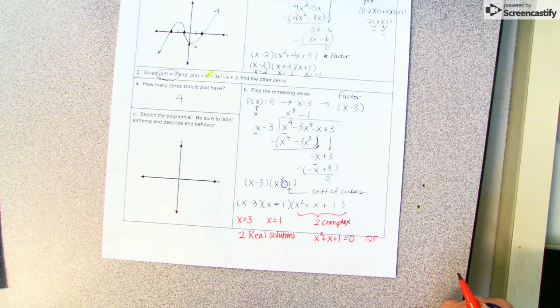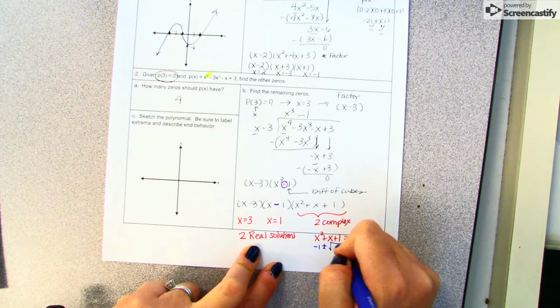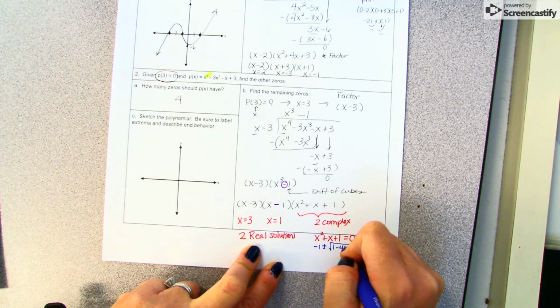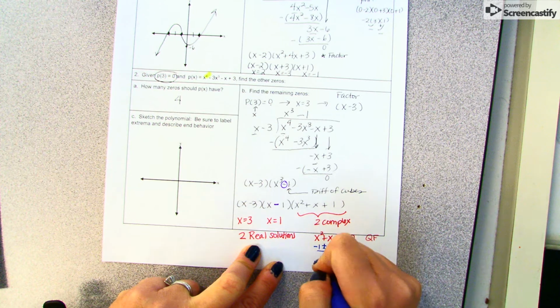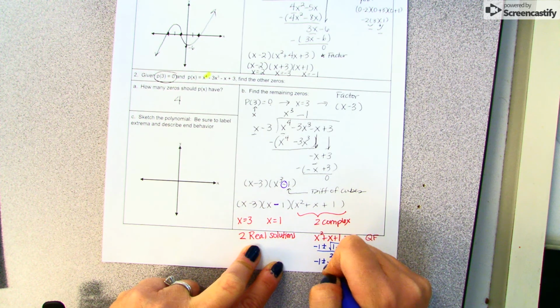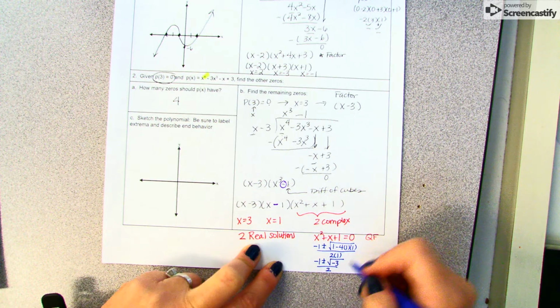Okay, remember that guy? Negative b plus or minus the square root of b squared minus 4ac all over 2a. So that gives me negative 1 plus or minus the root of negative 3. And then remember our complex lessons with the i.